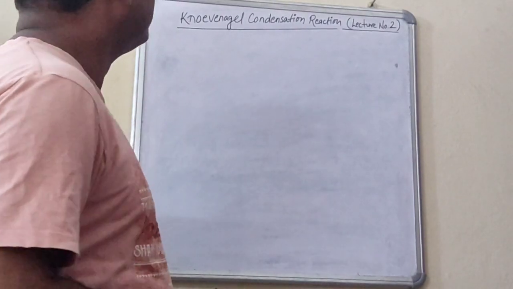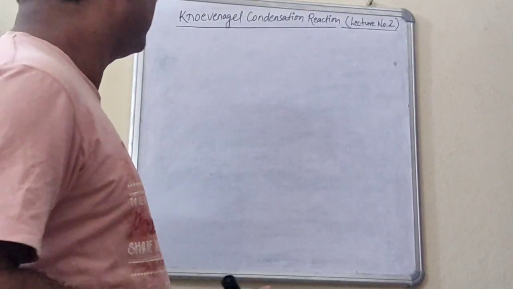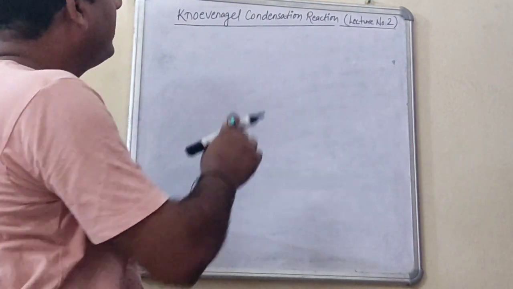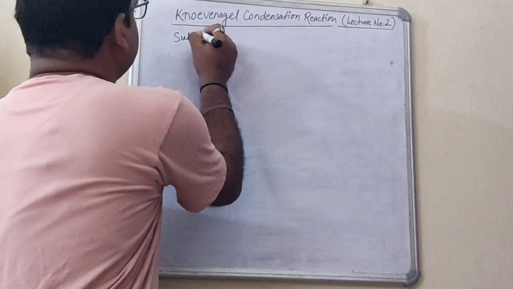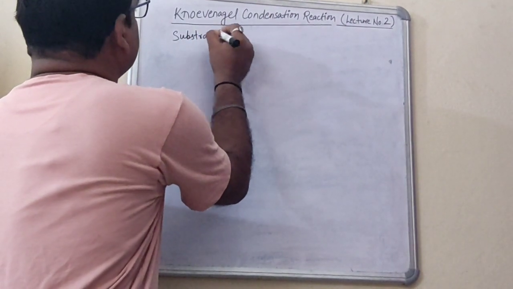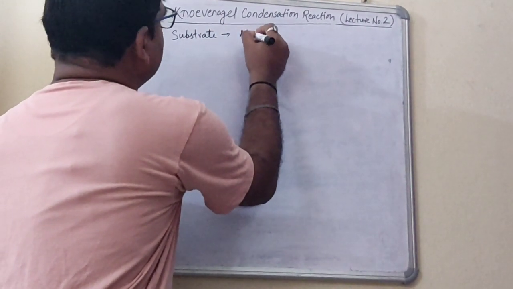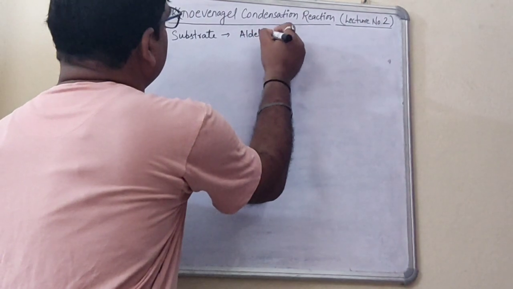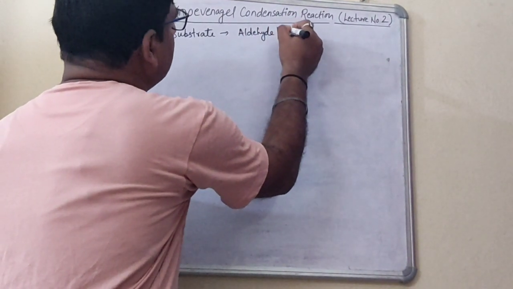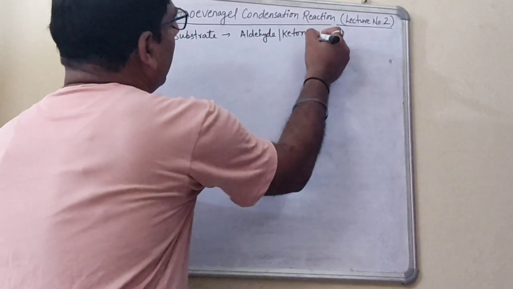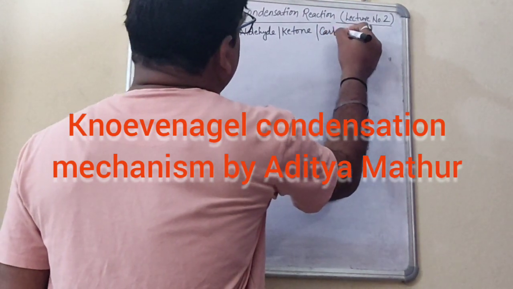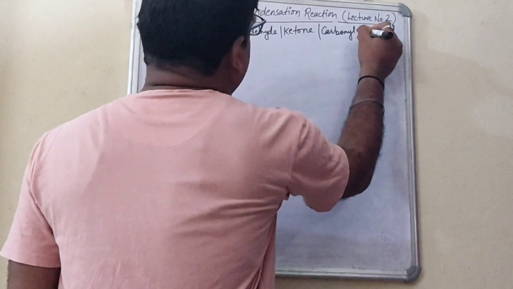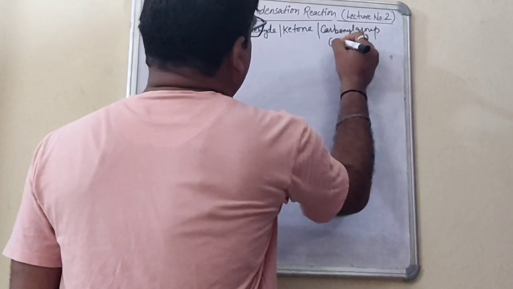Students, now let us start with the Knoevenagel condensation reaction. See, in this reaction, the substrate that we will use is the aldehyde or ketone or else carbonyl group containing compounds.